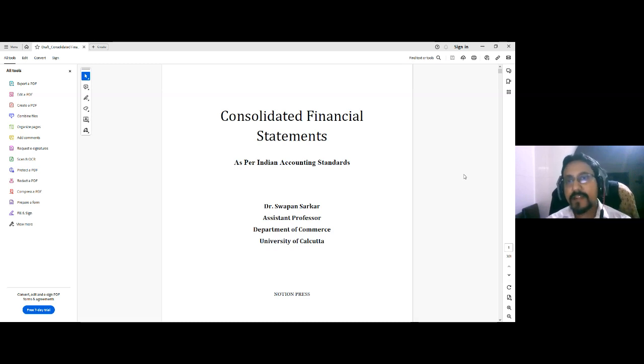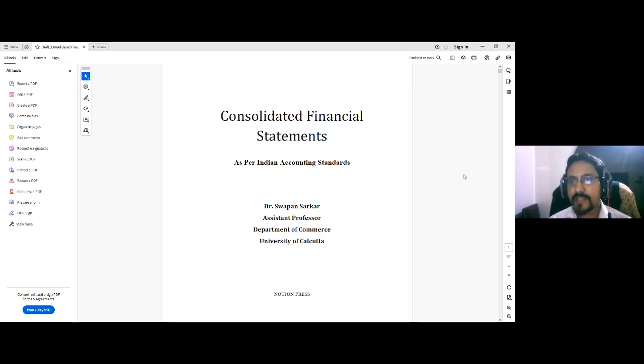Today our topic will be consolidated financial statement. Perhaps this topic is not totally new to you, at least the concept is not. At the undergraduate level, in any particular university, if you have studied, you will find that under corporate accounting there is a chapter called holding company accounts.